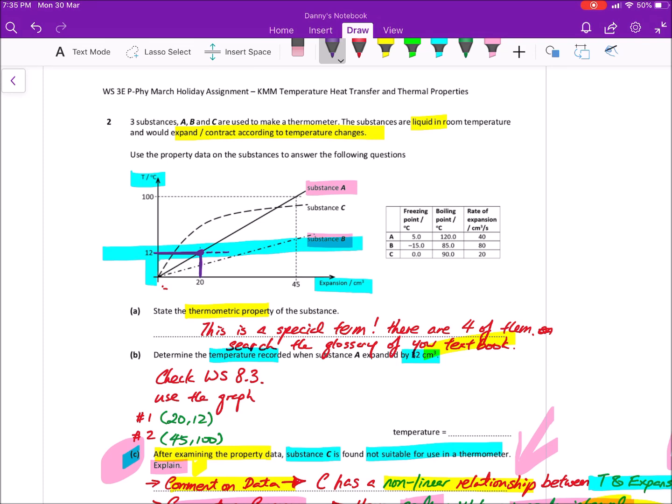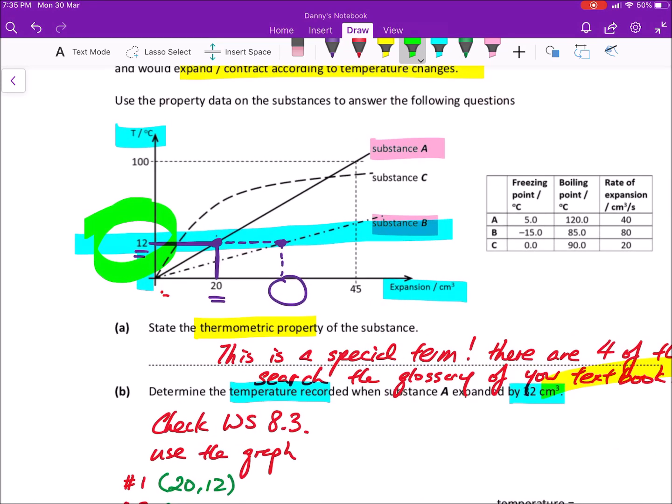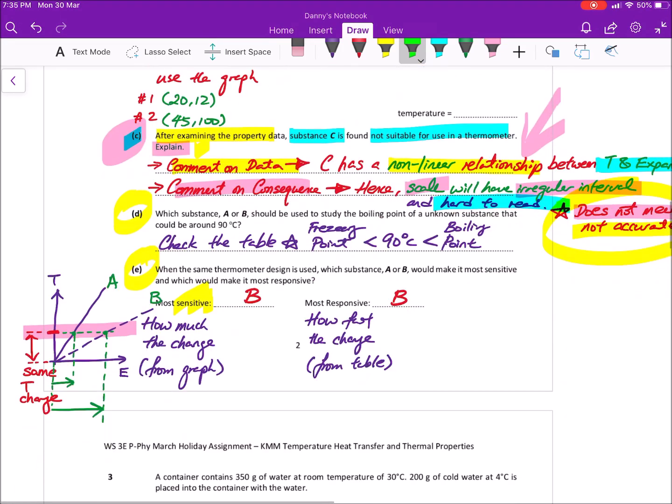And at the same temperature change of 12, at B, I will be able to see a number that is definitely bigger than 20. So with the same amount of temperature change, if I'm using substance B, I will be able to observe a larger change. So when I have a larger change, it means that it is more sensitive. So that's why it is B.